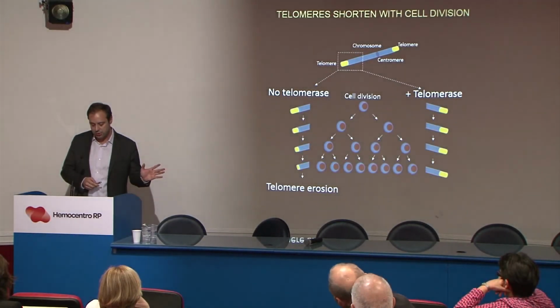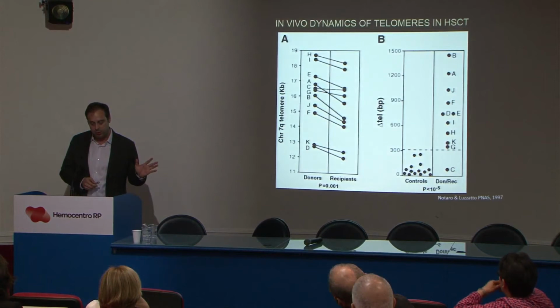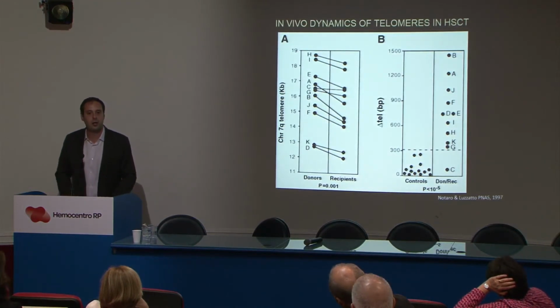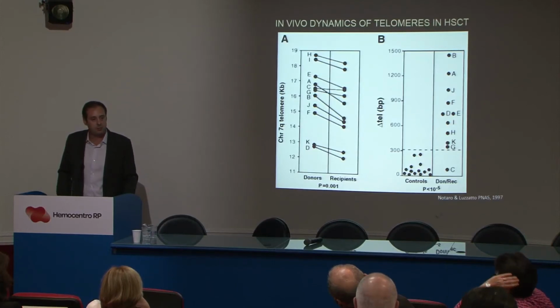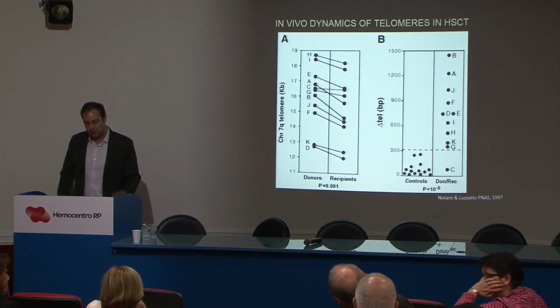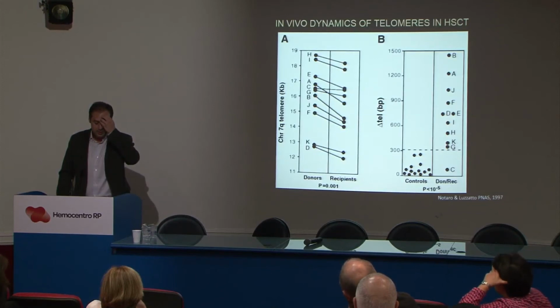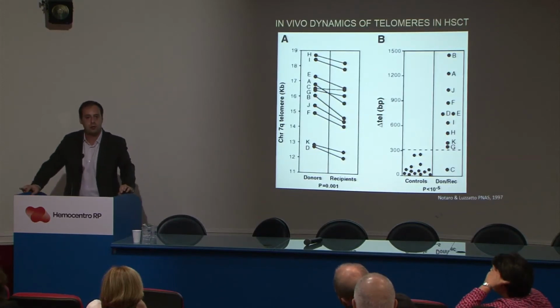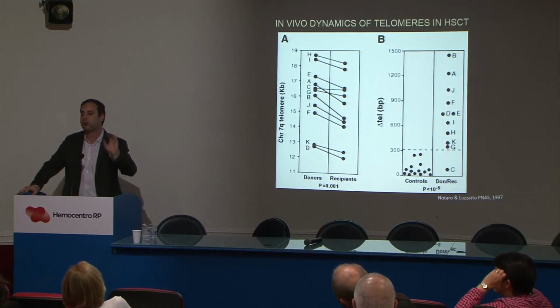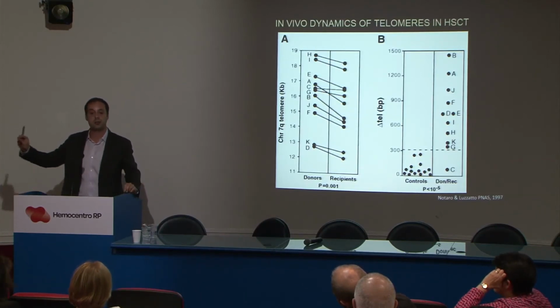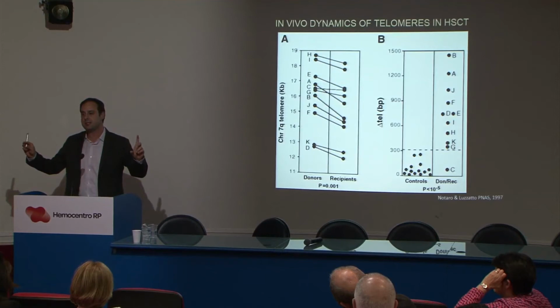As I said, telomeres get shorter over cell division, and this is a very important process during hematopoietic stem cell transplant or bone marrow transplant. This is a very elegant paper from Lucio Luzzatto in the 90s, because it is very simple and very effective in terms of the message it conveys. Lucio got individuals who had a bone marrow transplant 1 year before and took peripheral blood from the recipient, then went back to the original donor and got a blood sample from the donor at the same time.